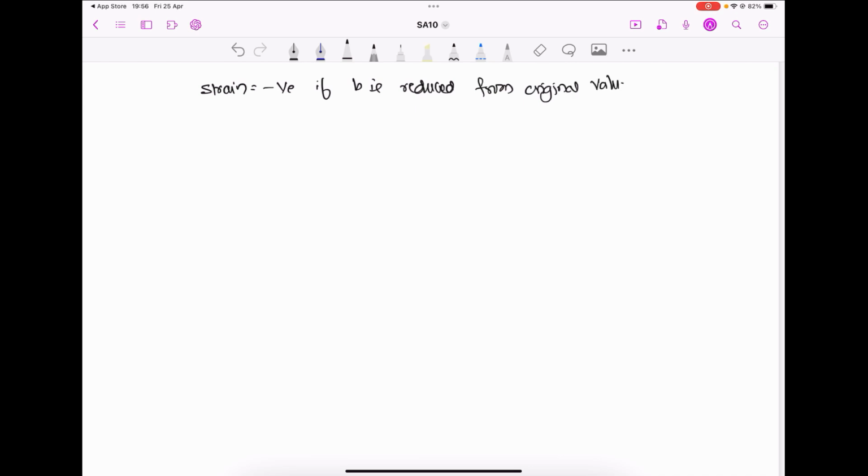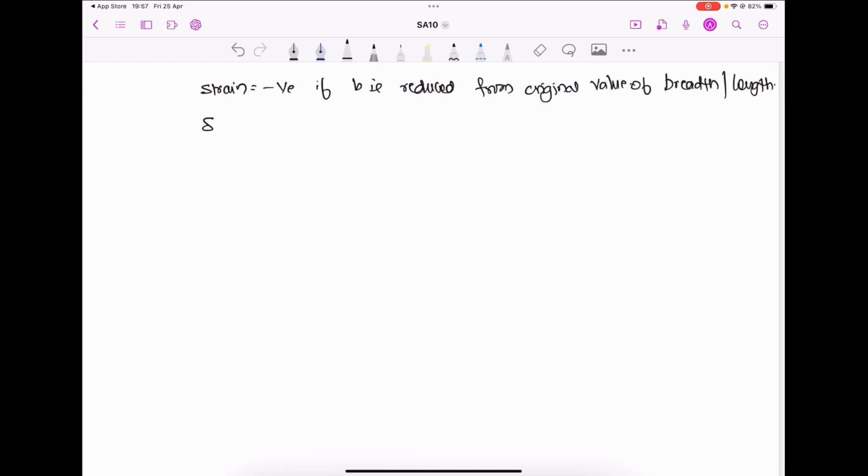Quantitatively, strain may not have any sign, but strain will have a sign whenever there is a reduction in the original value of breadth or length which we have used.